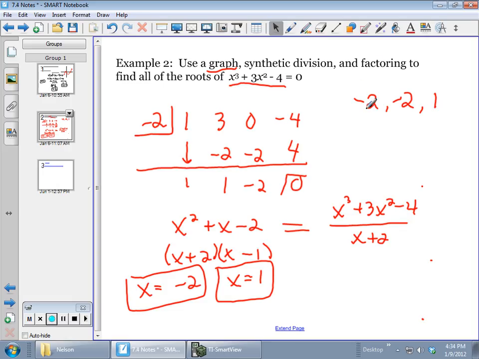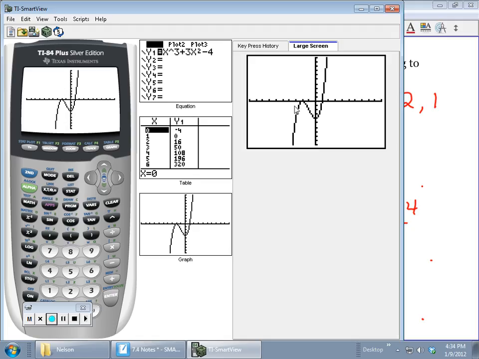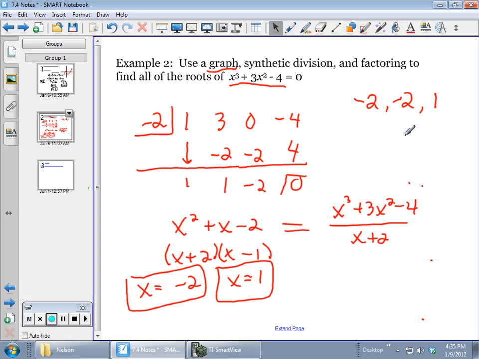The other thing is, if we have an answer that happens twice, if we look at the graph, it crosses at -2, but it doesn't really cross, it's actually tangent at -2. So that's what happens when it has a root twice. The other thing is, what is this really called? There's a term for having a root more than once. And since my handwriting on here is awful, I'll type it out.